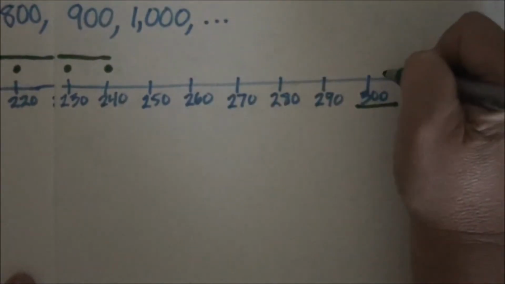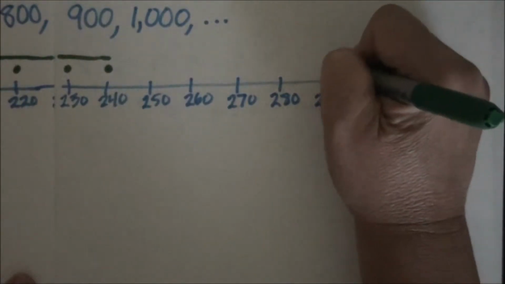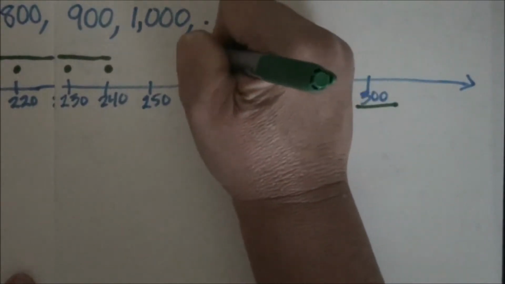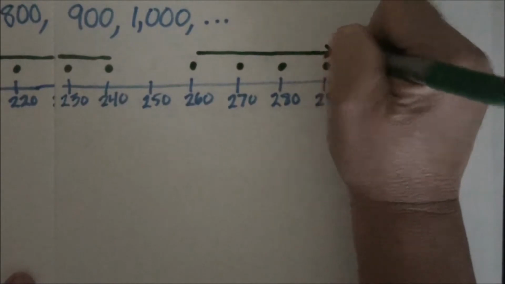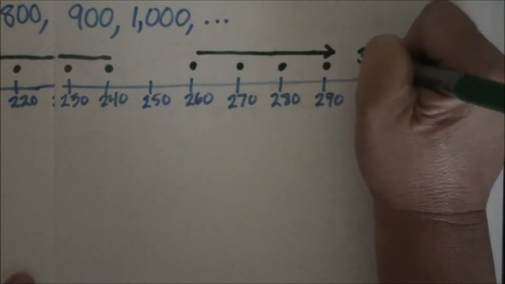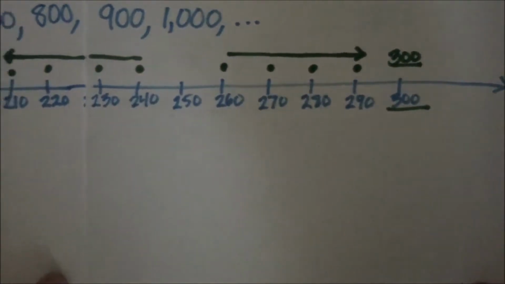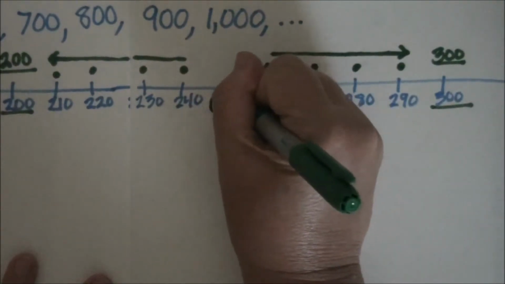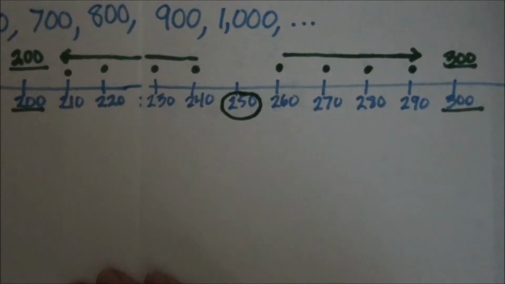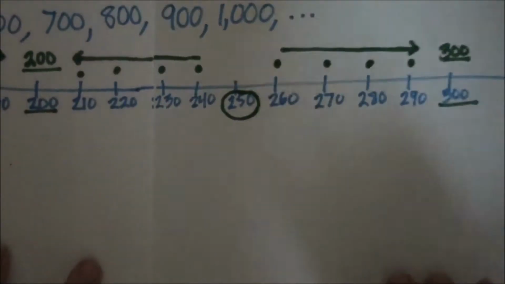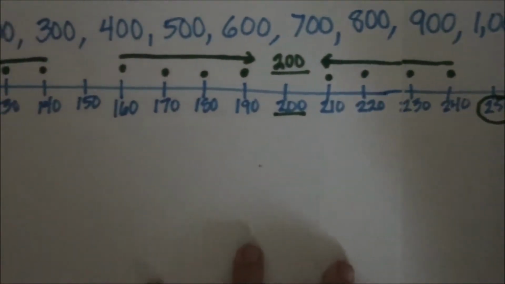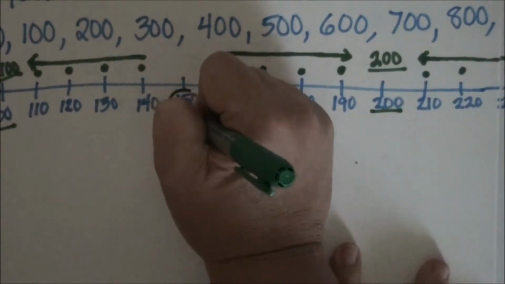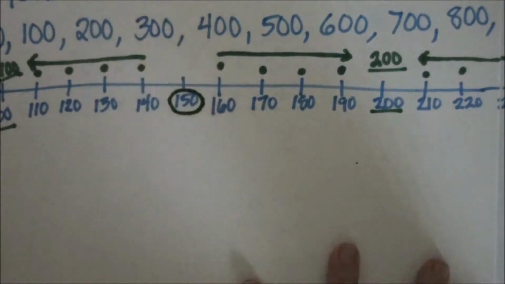Okay, numbers that are close to 300: 290, 280, 270, 260. These are close to 300. Now you will notice that I skipped some numbers. I skipped 250. Some of you may see a pattern here if you're thinking back to the tens number line that we did. And we skipped 150.